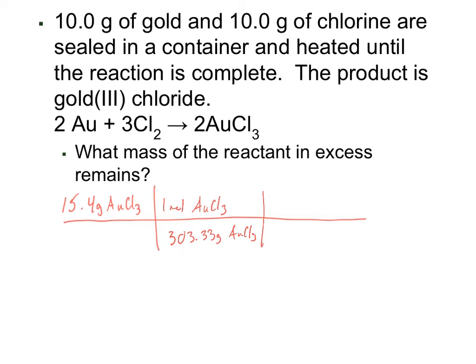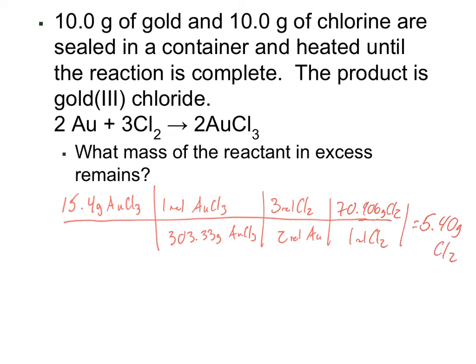And then use our stoichiometric ratios to convert to moles of chlorine. And then finally, our molar mass of chlorine to calculate how much chlorine was actually used. And we get 5.40 grams.